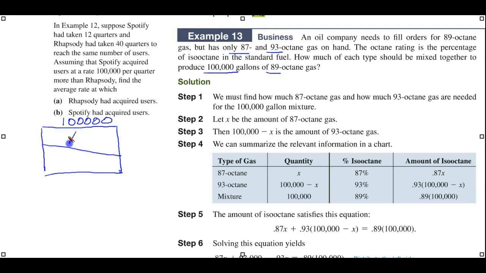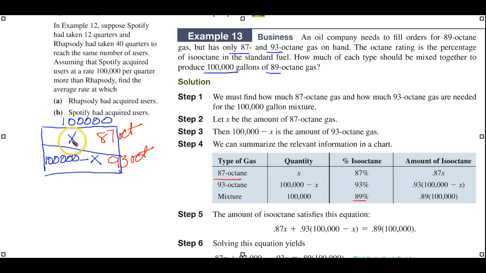We're going to say part of it is X, and the other part is 100,000 minus X. And we're going to say that the X will be the 87 octane, and this other part will be the 93 octane. And we want to end up with a mixture of 89 octane.